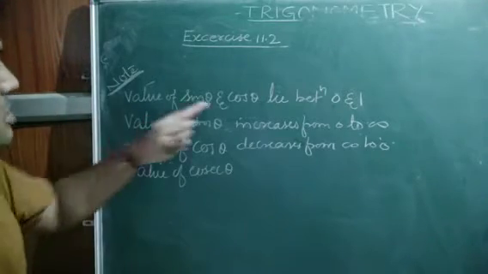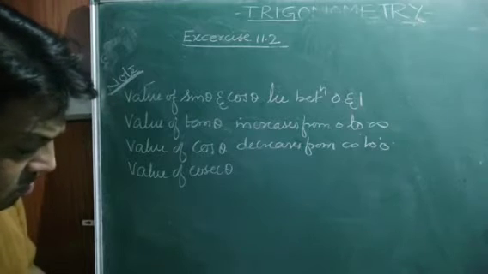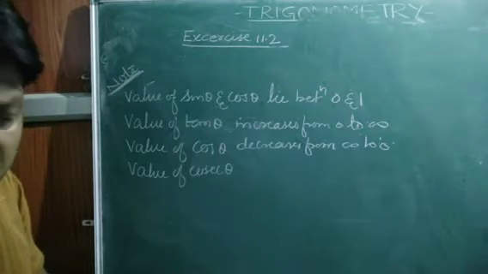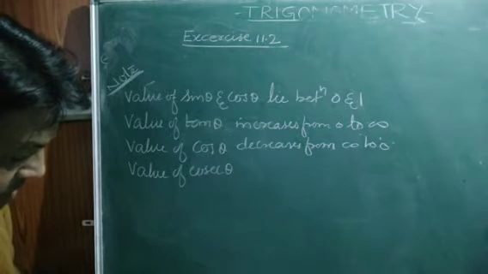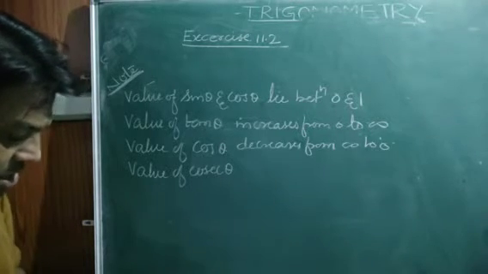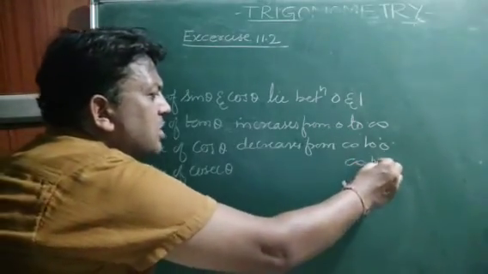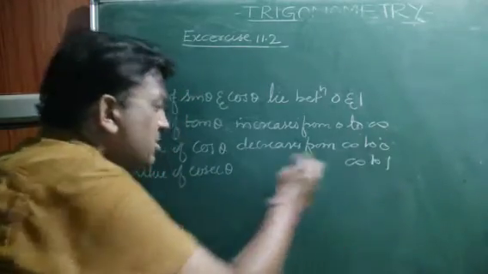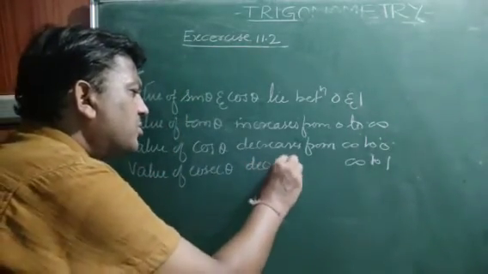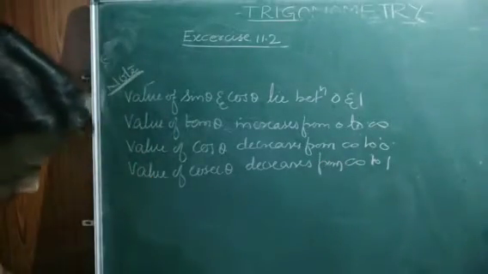So the sin theta values are 0, 1 by 2, 1 by root 2, root 3 by 2 and 1. And 1 by sin theta is the opposite. 1 by sin theta is cosec theta. That starts from infinity and goes to 1 children. So it decreases from infinity to 1 children.